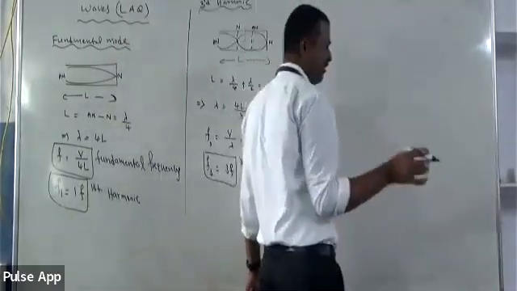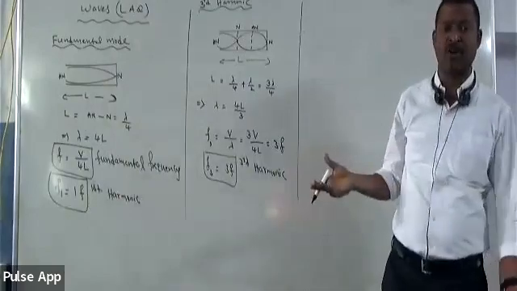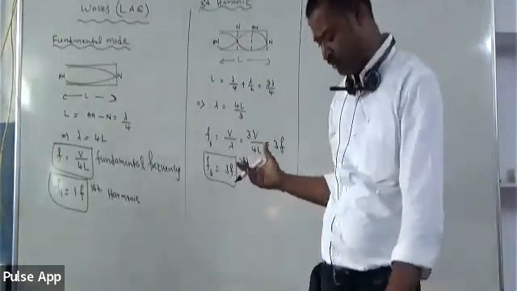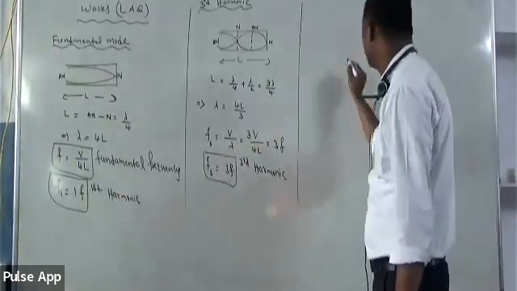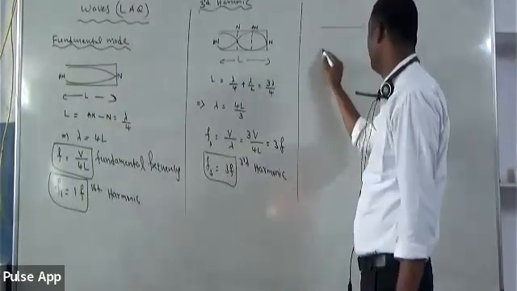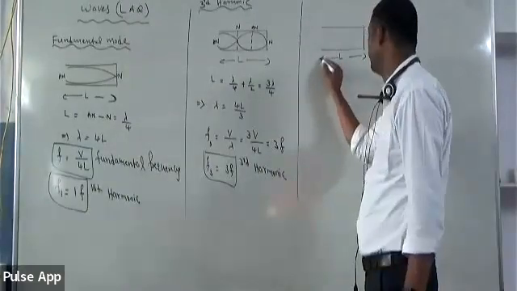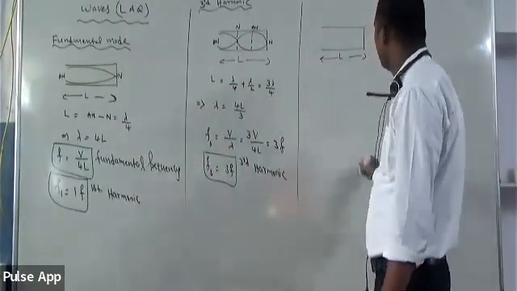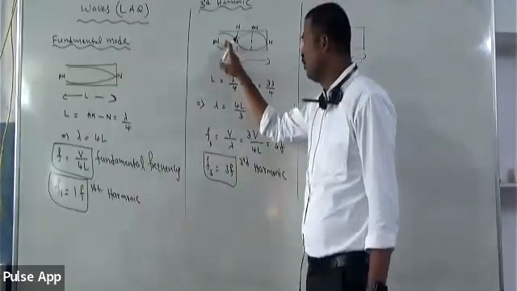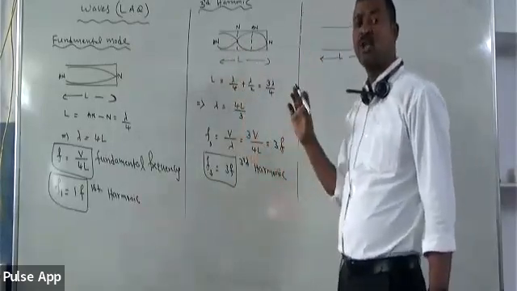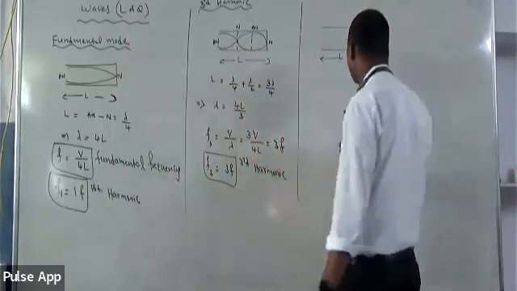Next mode of vibration, we'll see whether we get a fourth one or a fifth one. Let us see one more and check it. So the next mode of vibration, the same length of the tube, as usual L. Now we got 1.5 loops, right? So next time we'll get 2.5 loops.